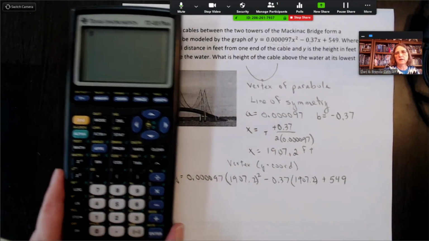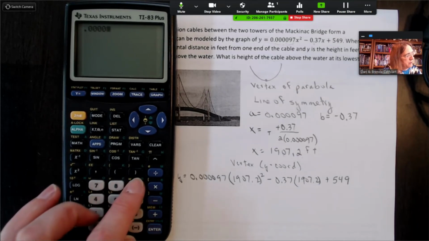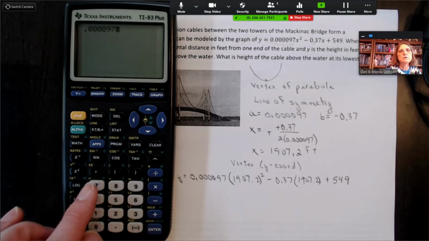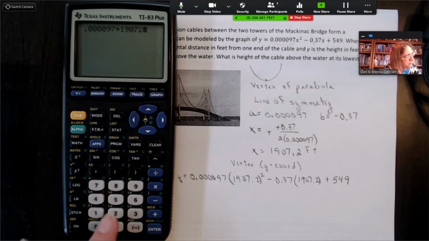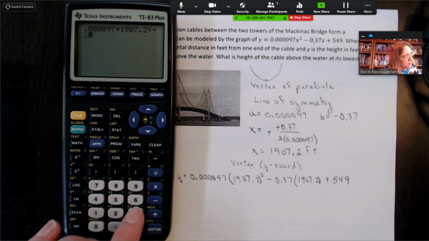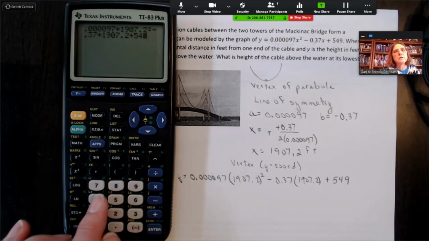So let's set that here where we can see the two. I'm going to do 0.00097 times 1907.2 squared minus 0.37 times 1907.2 plus 549.